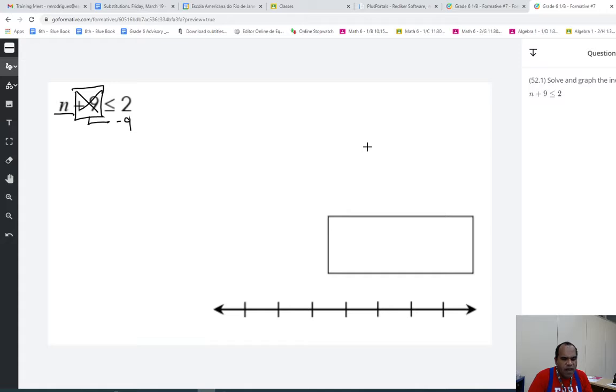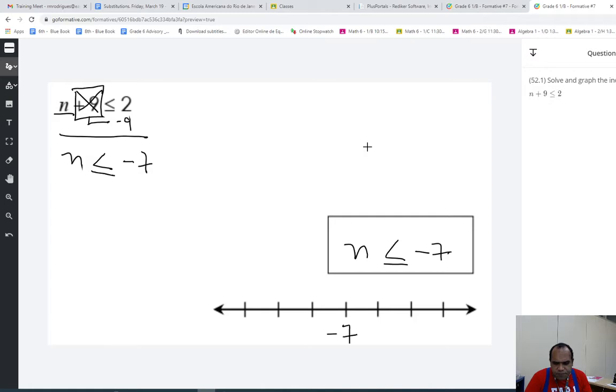And solve here. N is less than or equal to 2 minus 9. Negative 7. Guys, pretty simple. We solve this step. And here in the box, I write my inequality. N less than or equal to negative 7. Let's graph. I need number negative 7. And circle over here.